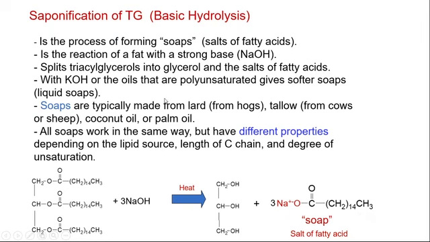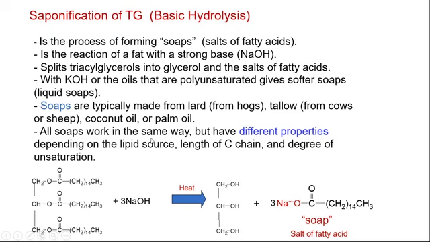And generally, the softer soaps and the liquid soaps are made by saponification of oils that contain polyunsaturated fatty acids. In many of the advertisements on soaps, you will see made from pure coconut oil or made from some plant oil. But most of the soaps are made from animal fat, that is lard and tallow, and a few are made from coconut oil and palm oil.